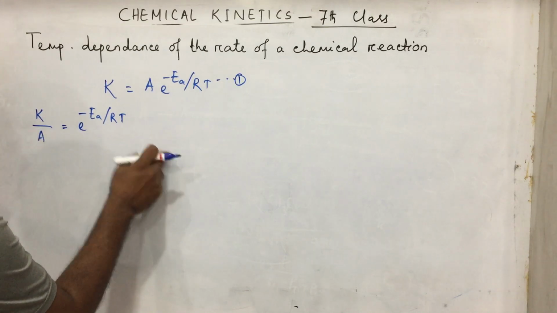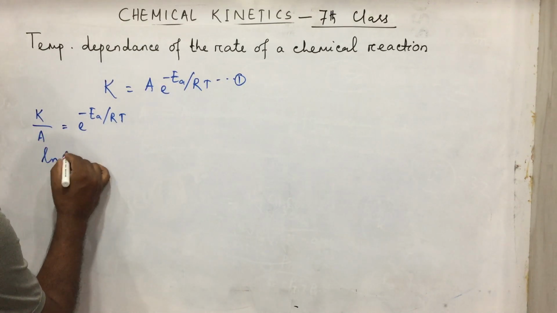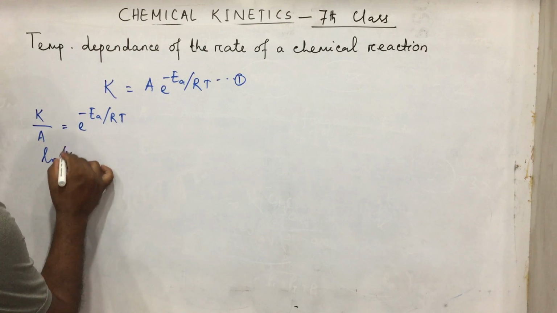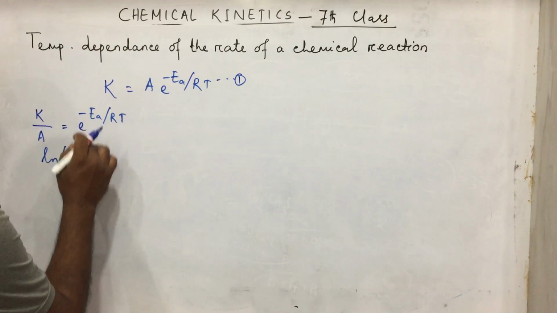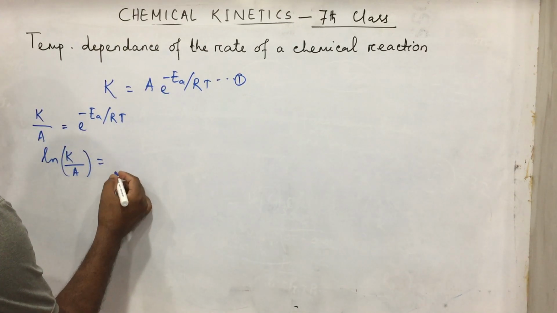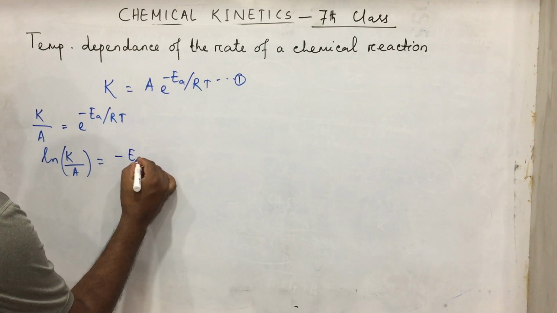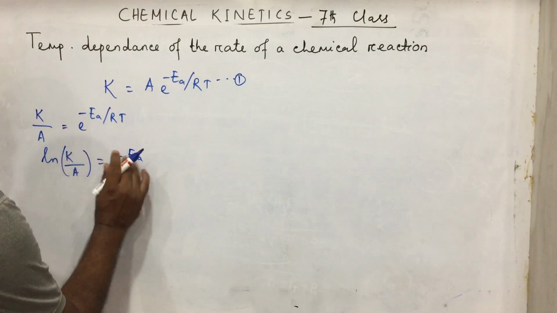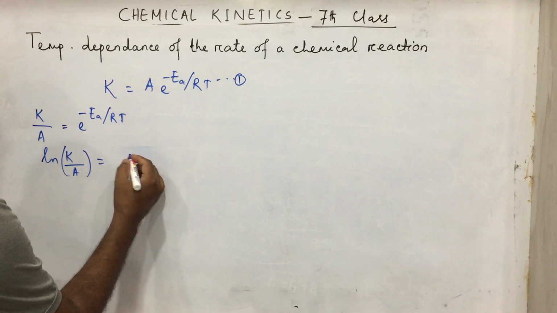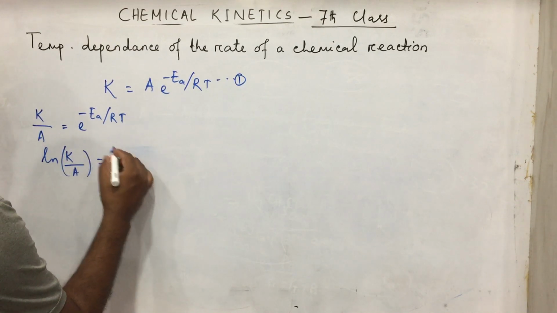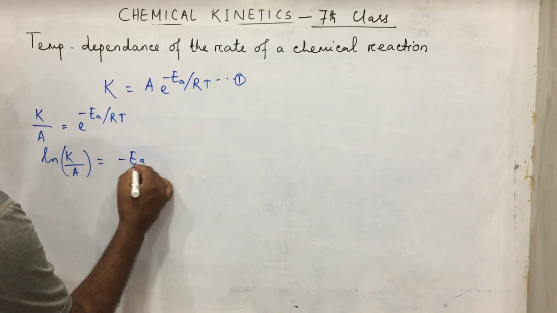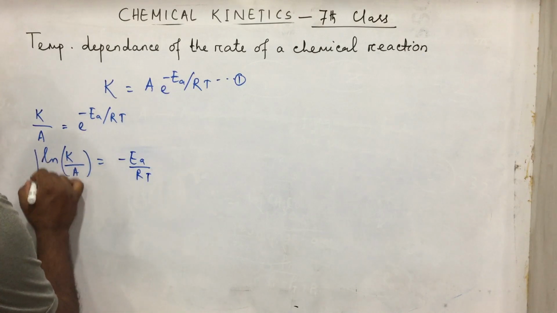Multiply ln on both sides. So we get ln k by A equals ln e to the power minus Ea by RT, that is, ln k by A equals minus Ea by RT. This is one form we can write.